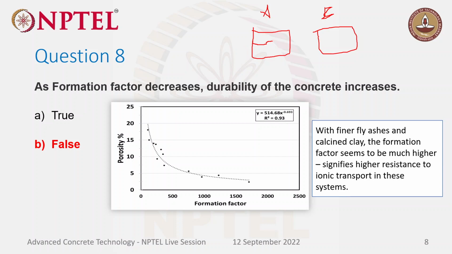And for concrete B, this is the path. Let me draw it till here, so we can compare both. Can someone say which concrete will have more formation factor, A or B?